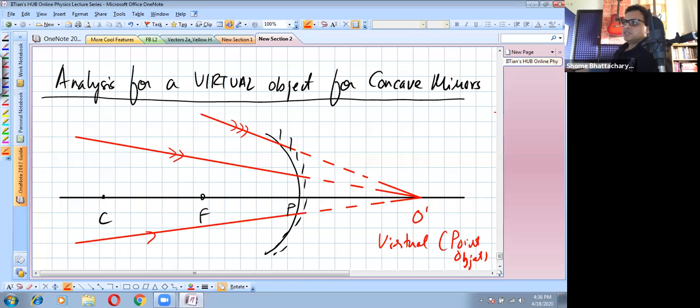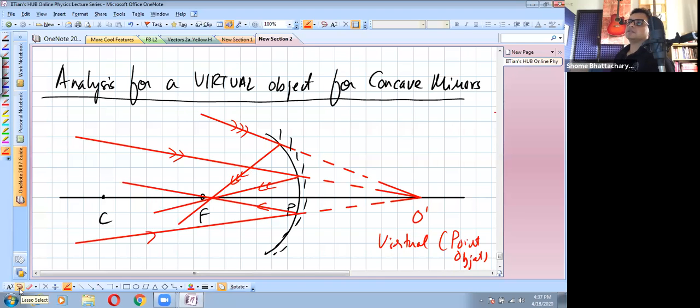Here, what will happen to the rays as a result of reflection is that they will give you a real image somewhere over here. Because if you think in terms of the laws of reflection, this is your normal at this point. So this ray will tend to do something like this, this ray something like this, and this ray something like this. So the reflected rays here will be this, this, and this.